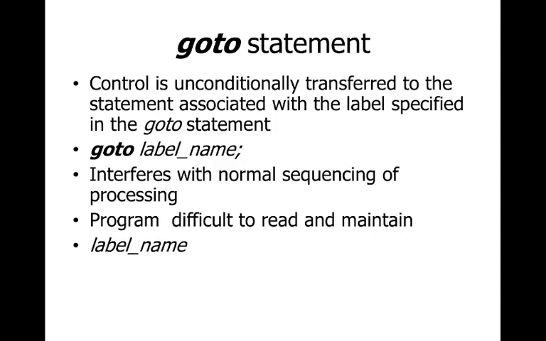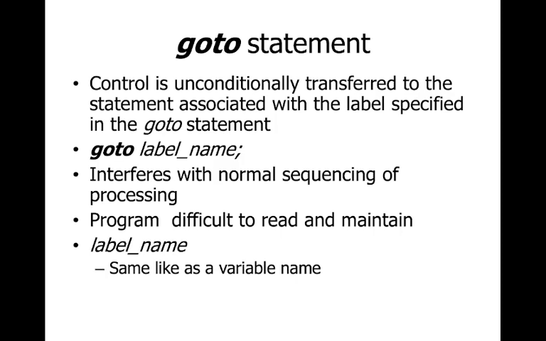Now the label name can be used the same as a variable name, so all those rules are applicable to the label name also. You know that a variable name must start with a letter, and it can consist of digits and also underscores.